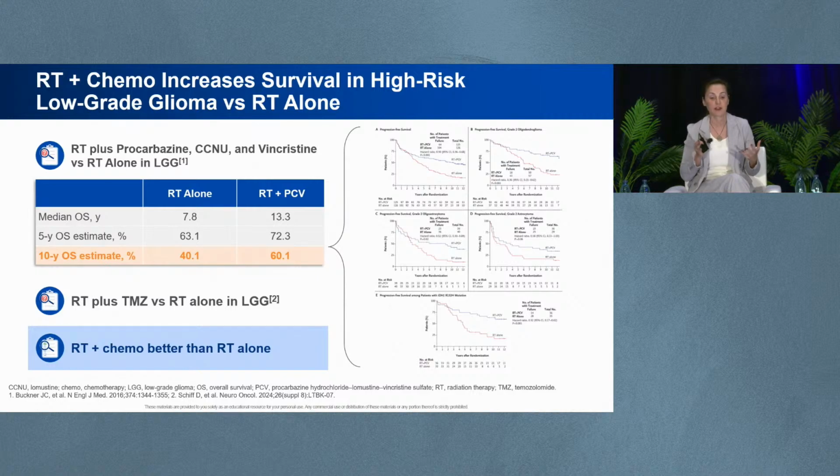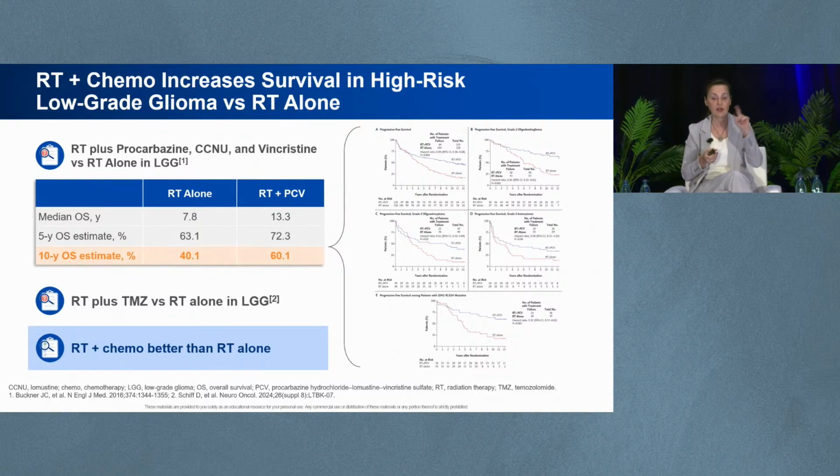The type of chemotherapy used in RTOG 9802 was PCV: procarbazine, CCNU, and vincristine. You can see here essentially a doubling of median overall survival from 7.8 to 13.3 years, and very similar results with use of temozolomide in the ECOG-ACRIN E3F05.